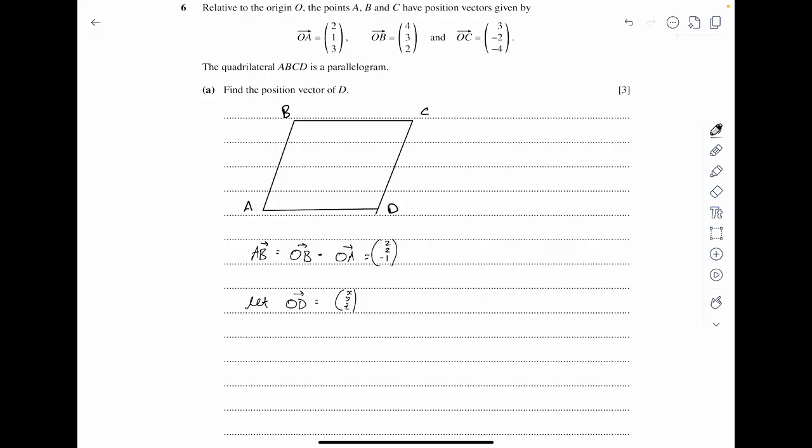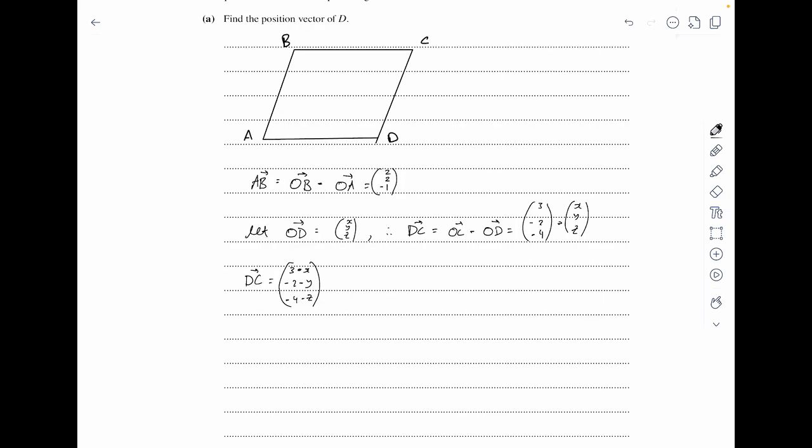More specifically, xi, yj, zk. It's just the point. Armed with this knowledge, we can therefore say that DC is equal to OC minus OD, which equals 3 minus x, negative 2 minus y, and negative 4 minus z.